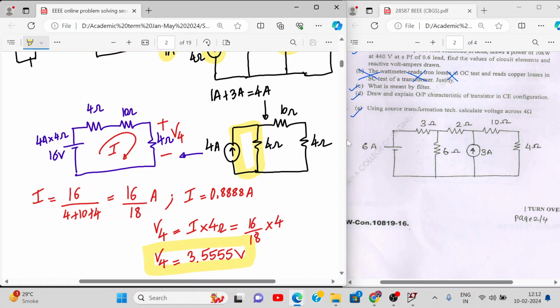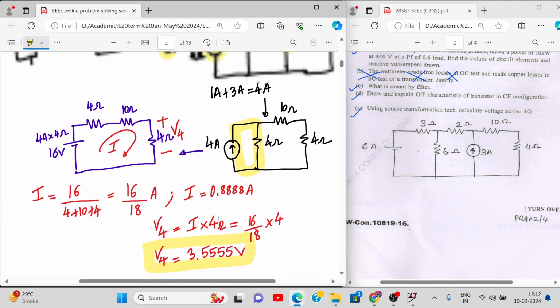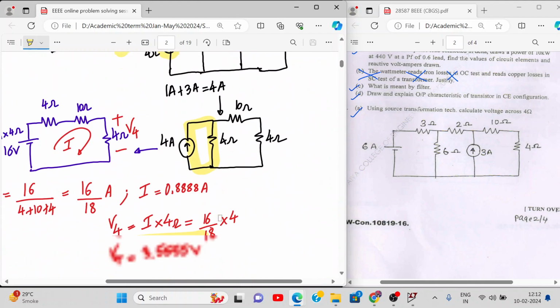Okay, so that's the answer. Voltage across 4 ohm is 3.555. Everyone understood it? Yes, no? You have revised, your source transformation is revised now? Come on, tell me, I have to move ahead.